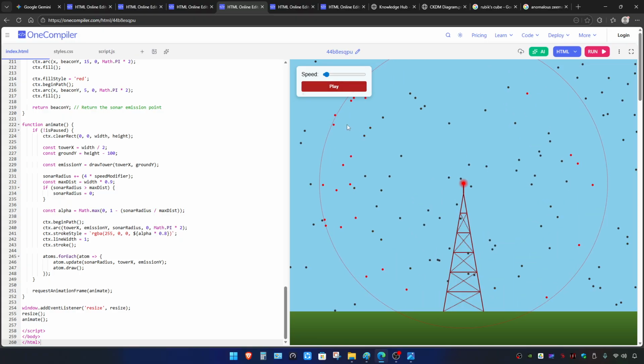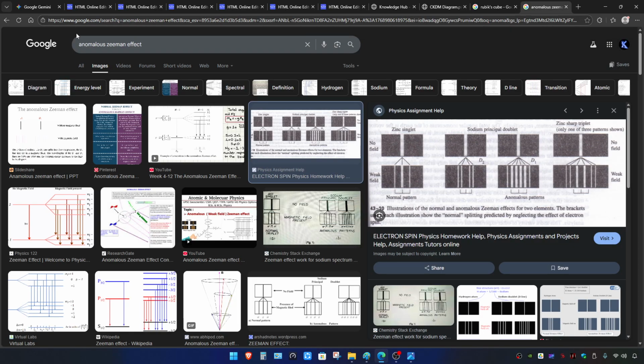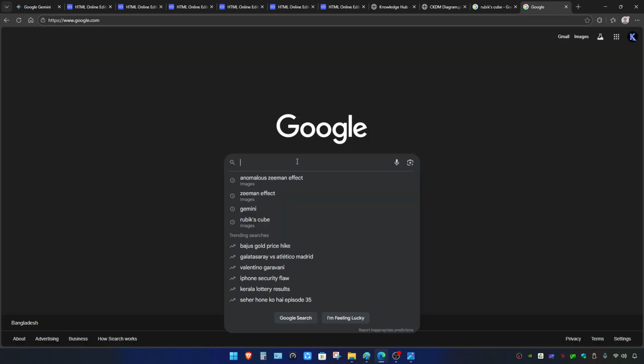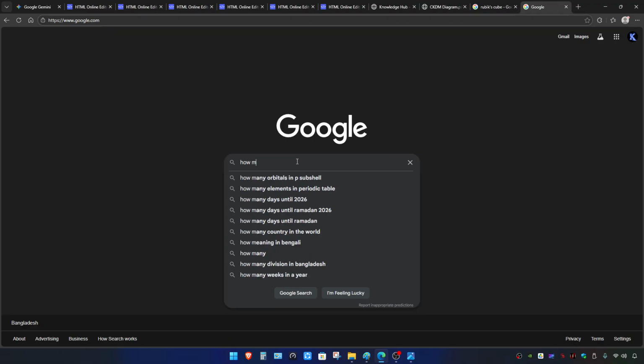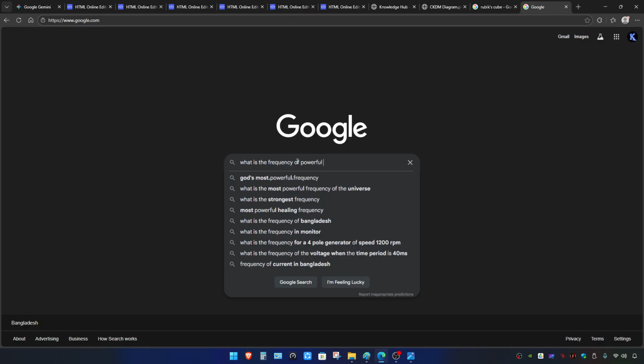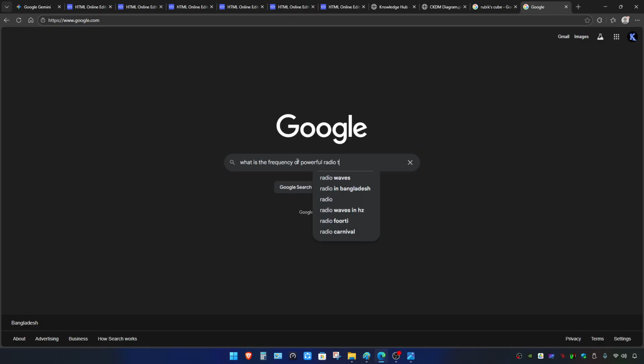Another important thing I forgot to mention here, I need to mention it now, otherwise it will become problematic later. If a certain tower vibrates, if we ask the question, what is the frequency of a powerful radio tower?